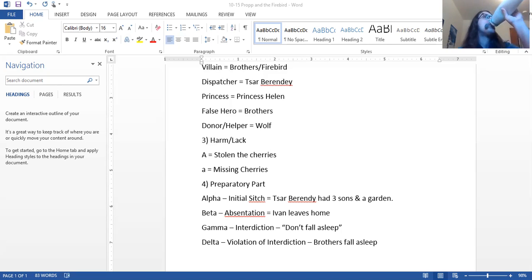Okay. Reconnaissance. That's epsilon. This is another one that's tempting for us, because it does seem like Ivan is doing reconnaissance here, but this kind of reconnaissance specifically refers to the villain spying on the hero.